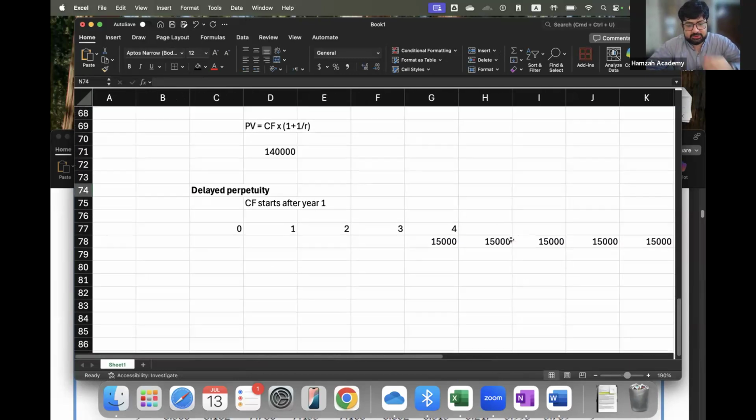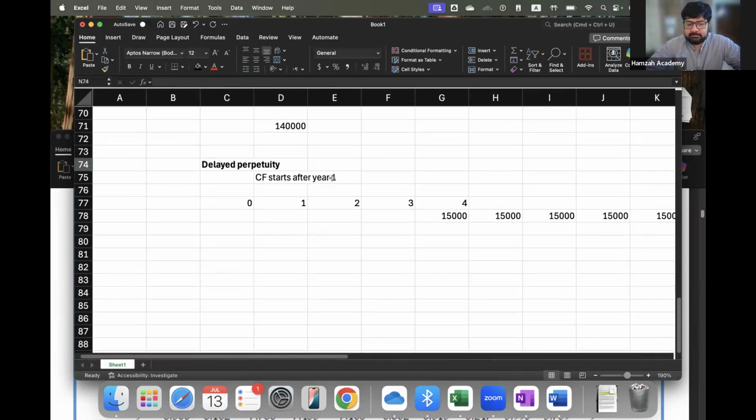Cost of capital is 12%. Now, if we consider it is year 1, it is simple perpetuity. Then it is year 0. So it will be simple perpetuity.